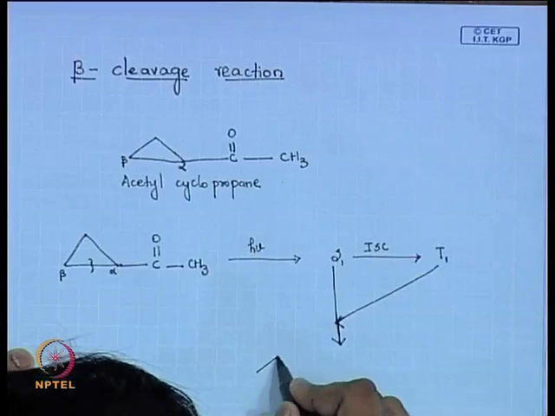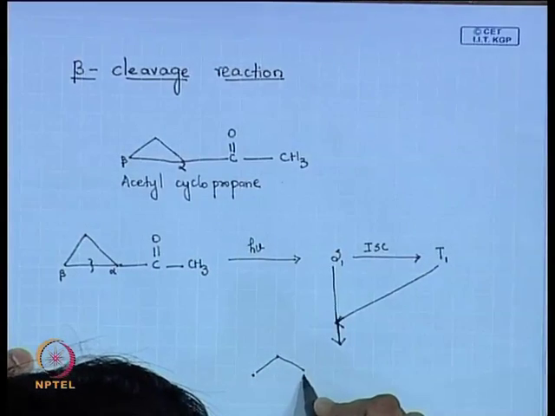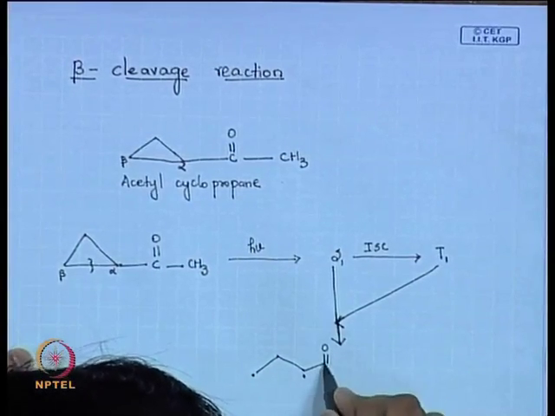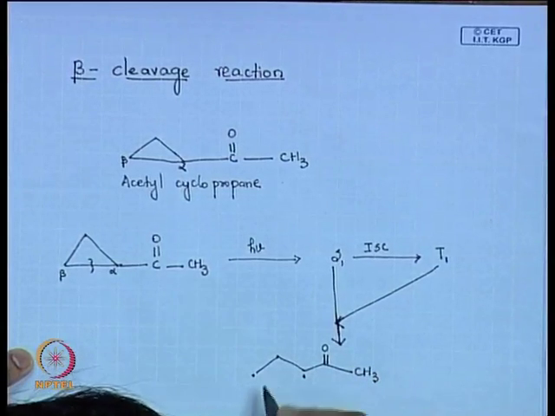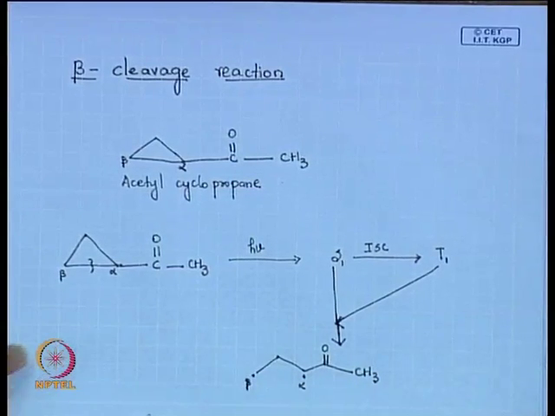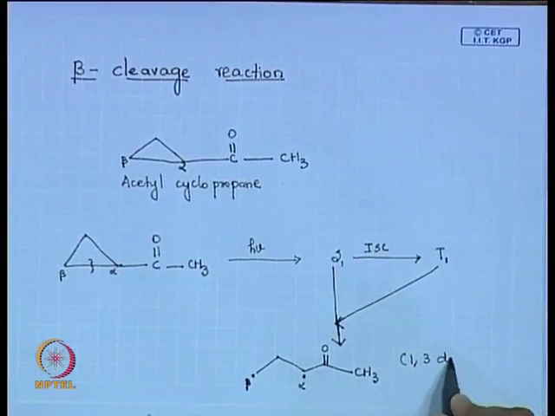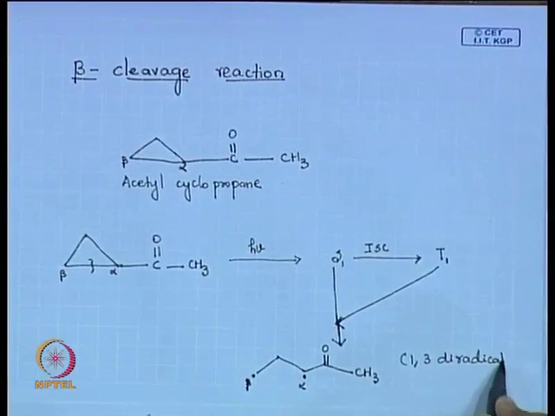If I break this, I get this. So, what is this? This is your 1,3 diradical. Fine. This is your photochemical process, this is your primary photochemical process.